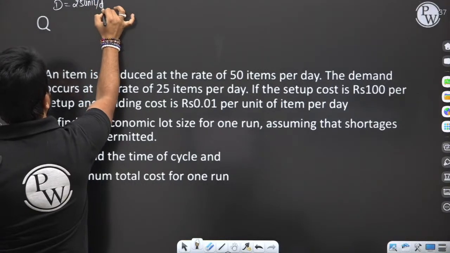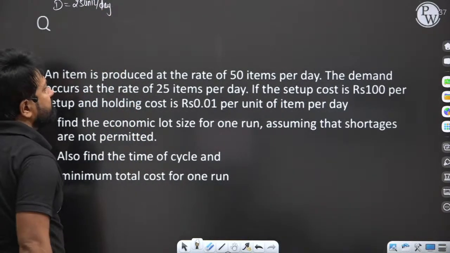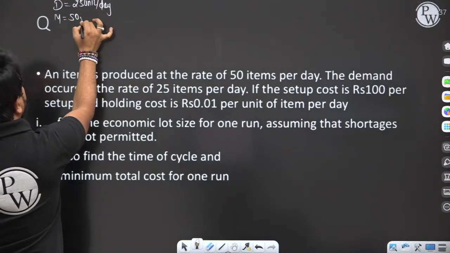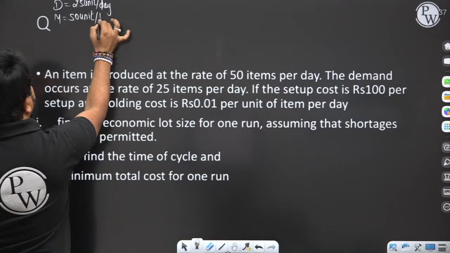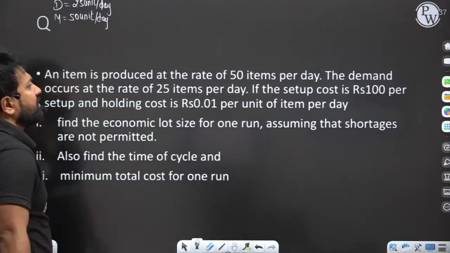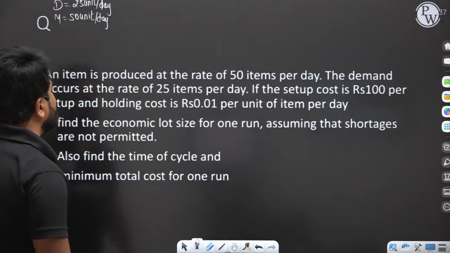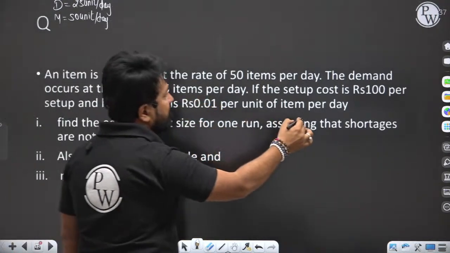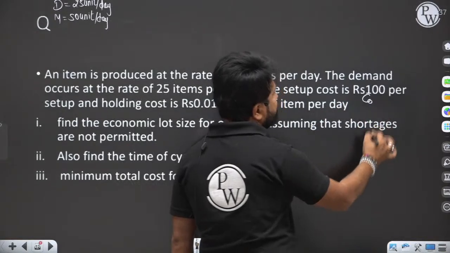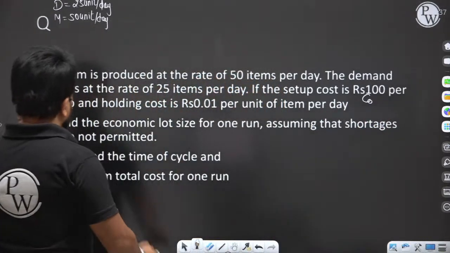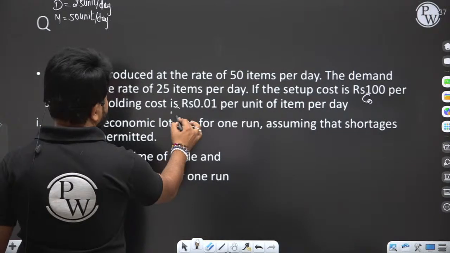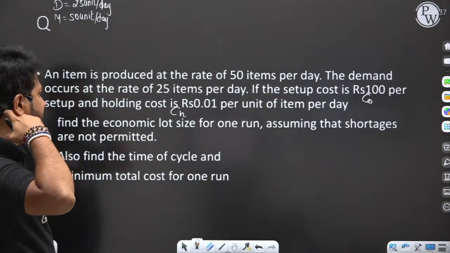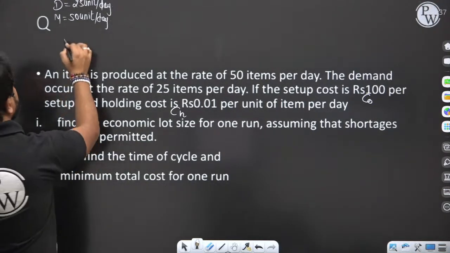The demand occurs at the rate of 25 units per day, and manufacturing is 50 units per day. If the setup cost, that is the ordering cost, is C naught or O, and the holding cost is CH, find the economic lot size per run, assuming that shortages are not permitted.